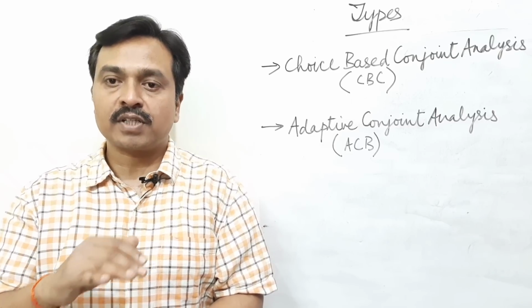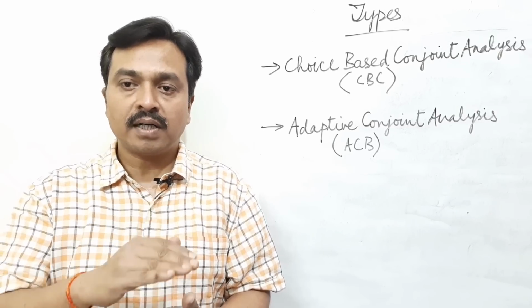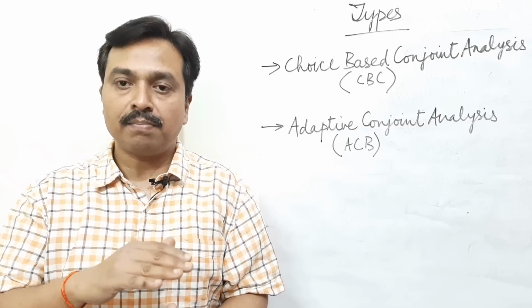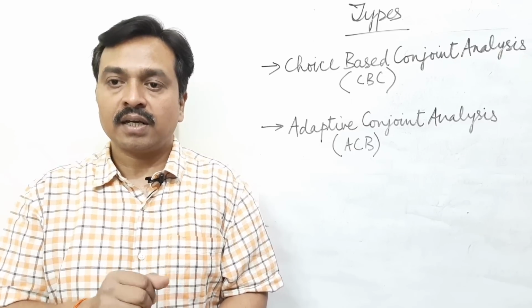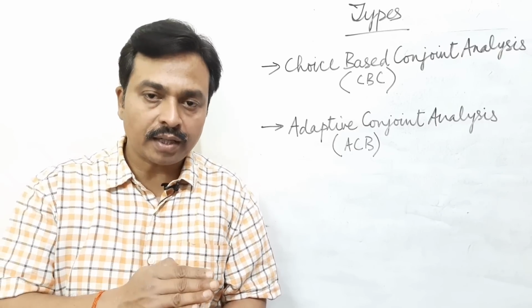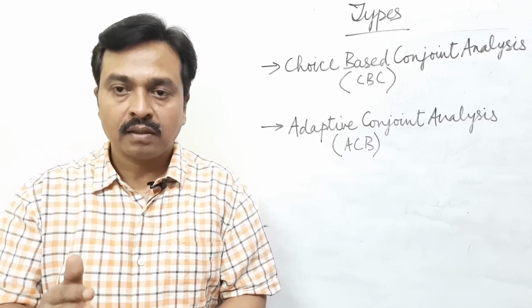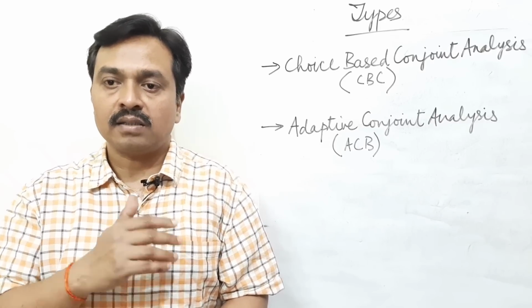Where the CBC gives the respondent the choice between multiple products that are described by means of a set of attributes, the ACA gives a description with all the attributes as pairs, the aforementioned cards.